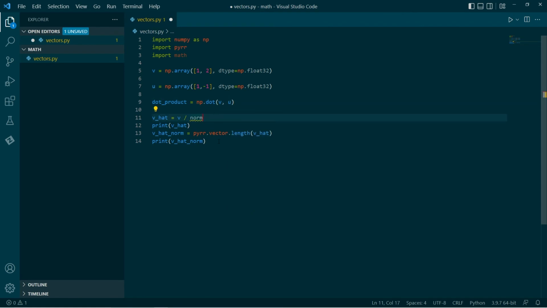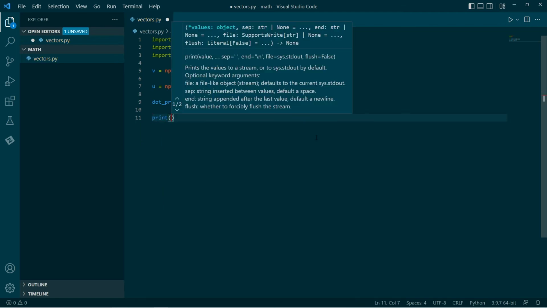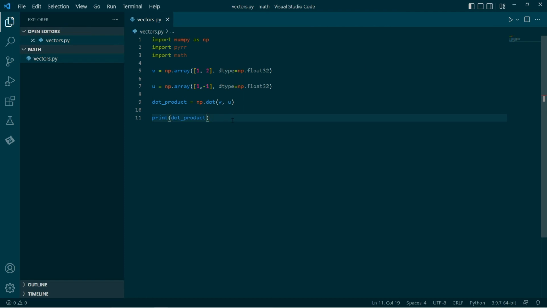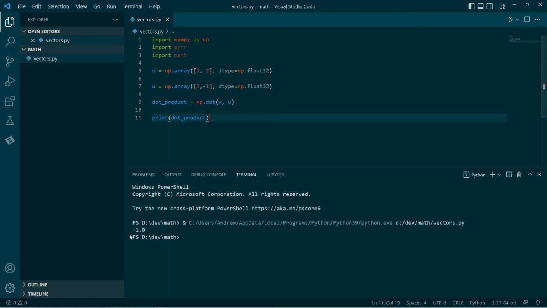V and u doesn't matter. And then we'll print the dot product. Okay, and before we do this, let's check it. I would expect the dot product to be element-wise 1 times 1 plus 2 times negative 1. So 1 minus 2, I would expect minus 1 is my result here. Let's check that. Yep, minus 1.